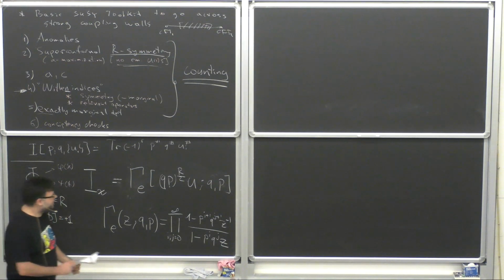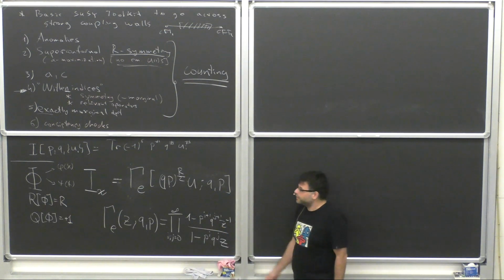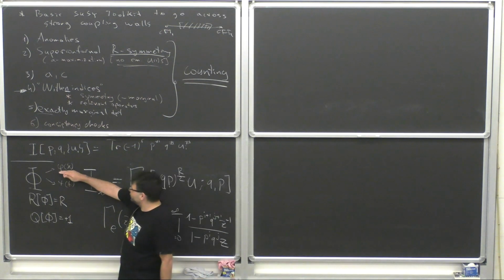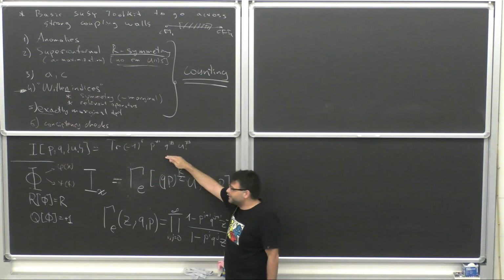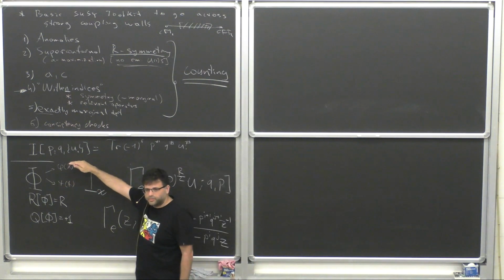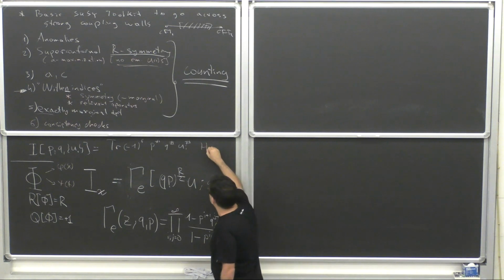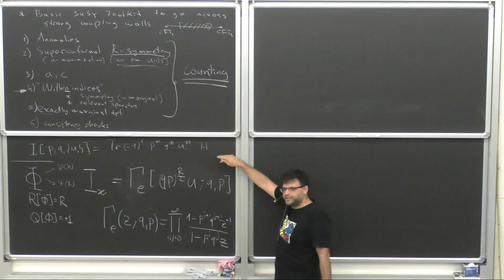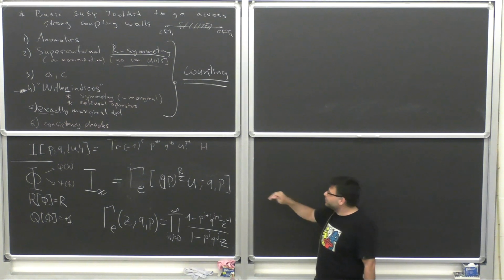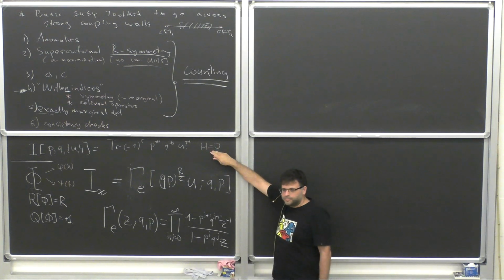Okay, so with this understanding we can understand what this index is. In addition to the fact that the local operators are just products of these guys and their derivatives, this is an index. It doesn't count all the operators. It counts operators such that some charge that we defined last time, called H, which is a combination of scaling dimensions, R symmetry, and rotations, has to be 0. This is a Witten index.